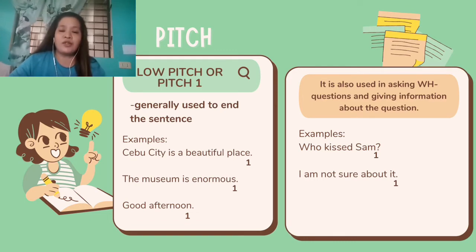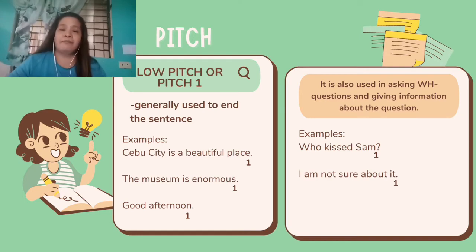Low pitch is also used in asking WH questions and giving information about the question. Ginagamit din ito sa pagtatanong ng WH questions. What are the WH questions? It starts with when, where, or who. Examples is, who kissed Sam?